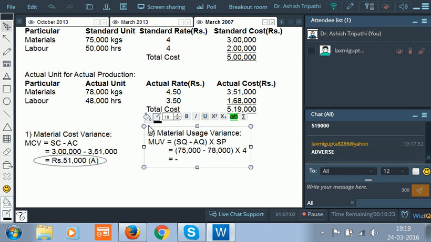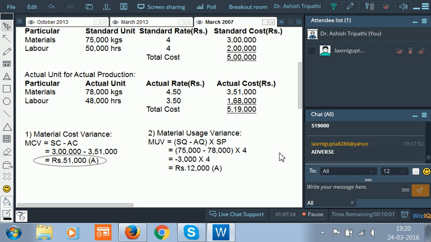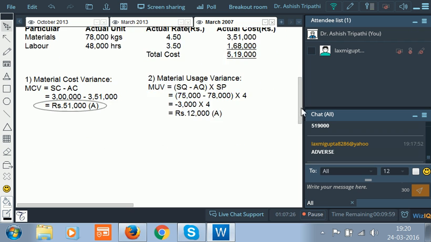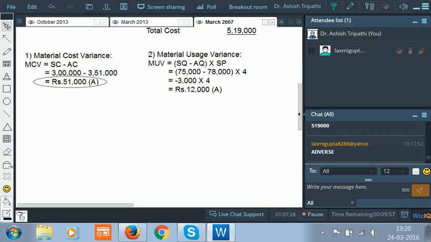So minus 3,000 into 4 will give you rupees 12,000 adverse.